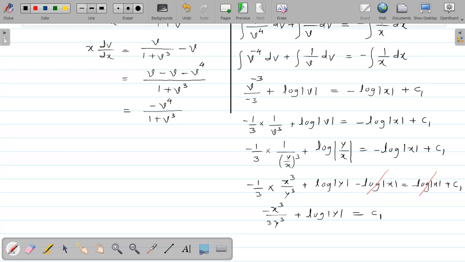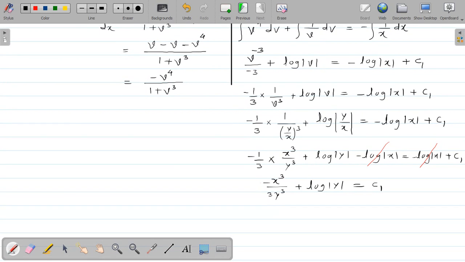Okay, and further if you want to write this constant as log c, then what will you get? Minus x cube upon 3y cube plus log of modulus of y. If I write this constant c1 as log c, just for simplification, otherwise no need to write, you can keep this as a final general solution, no problem.